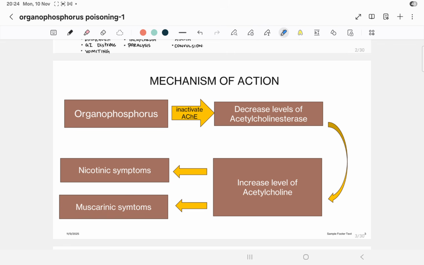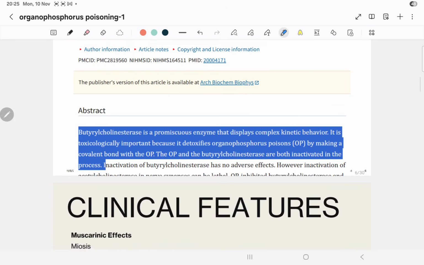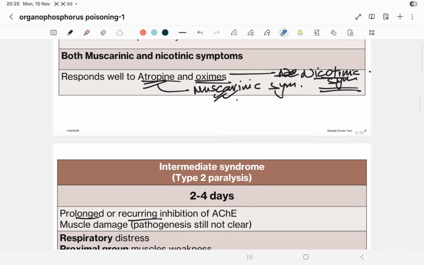The symptoms due to the increased stimulation of nicotinic receptors are called nicotinic symptoms, and the symptoms due to the increased stimulation of muscarinic receptors are muscarinic symptoms. So what are nicotinic symptoms and what are muscarinic symptoms? Let's go here first.